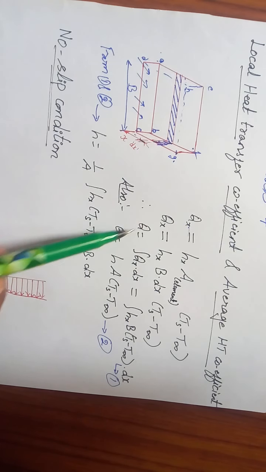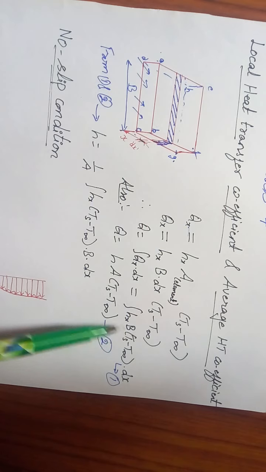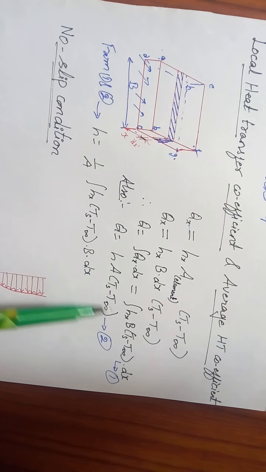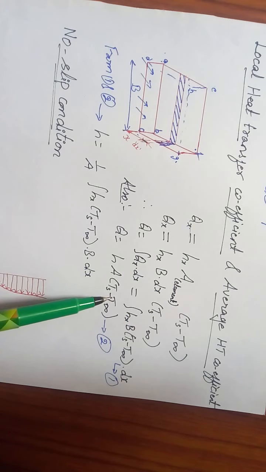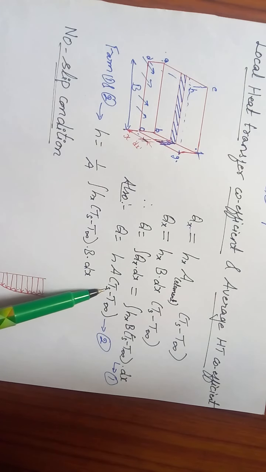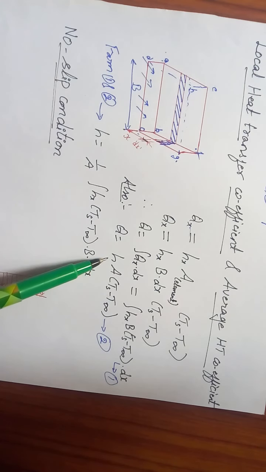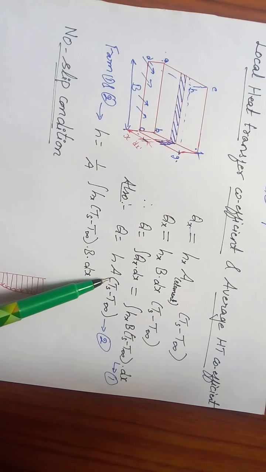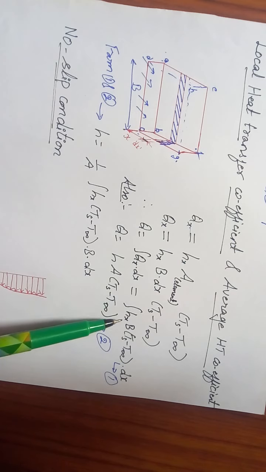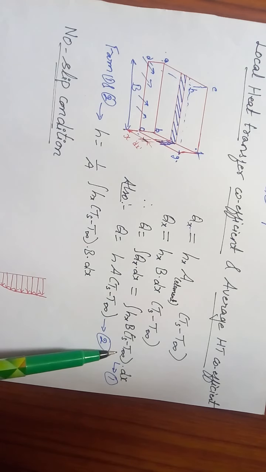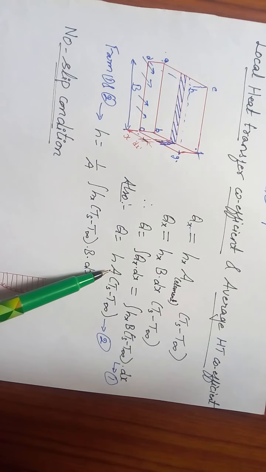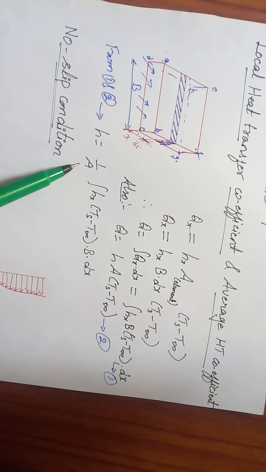Since the LHS are equal, I can equate the RHS directly. So h into A into (Ts minus T infinity) should be equal to the integration of hx into B into (Ts minus T infinity) into dx, right? So take this A to the denominator.